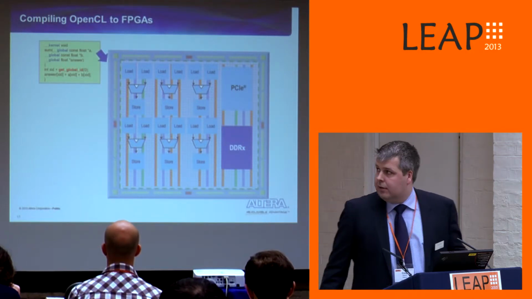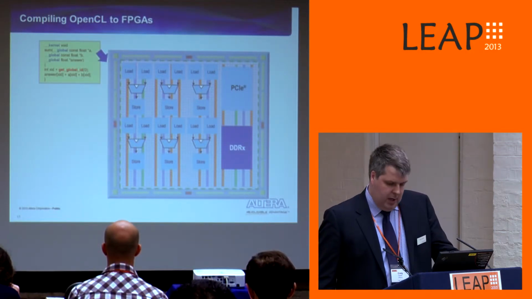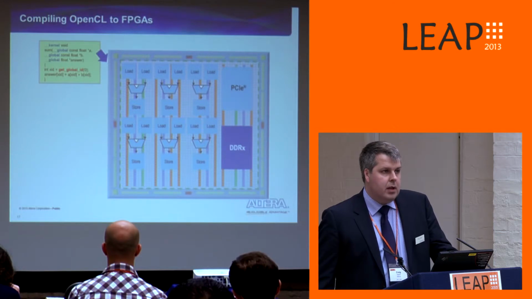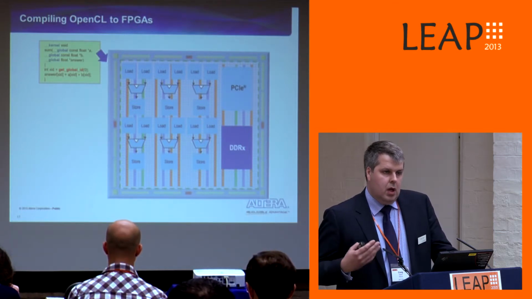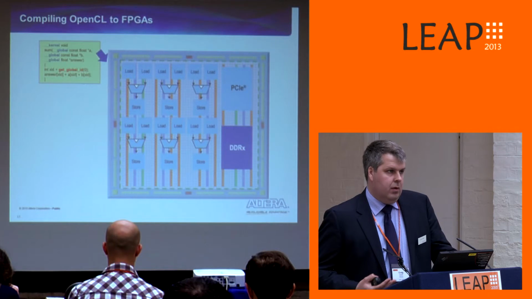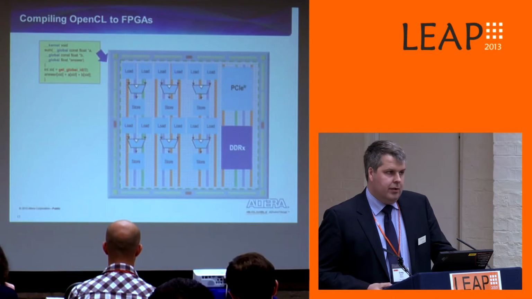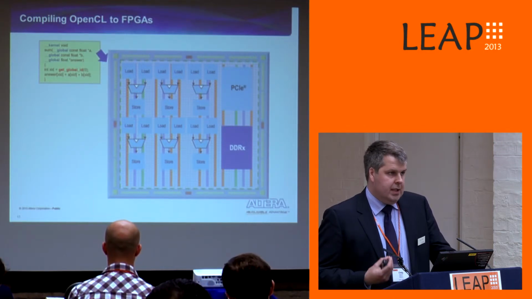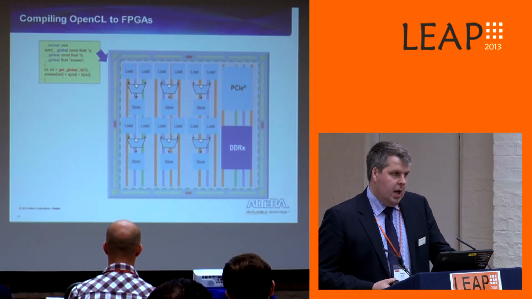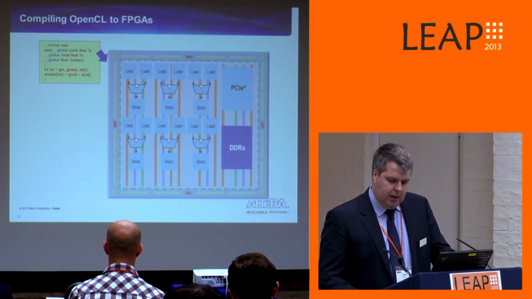The tool itself will produce an HDL file that will take your OpenCL code with your arithmetic, your various expressions in it, and wrap around it load and store functionality to make it a lot easier for those kernel blocks to move the data and produce the deeply pipelined architecture.